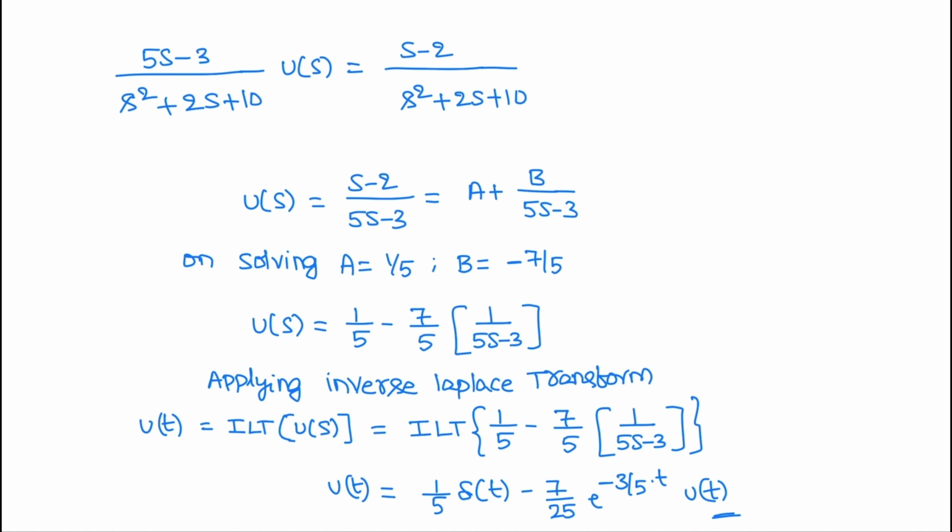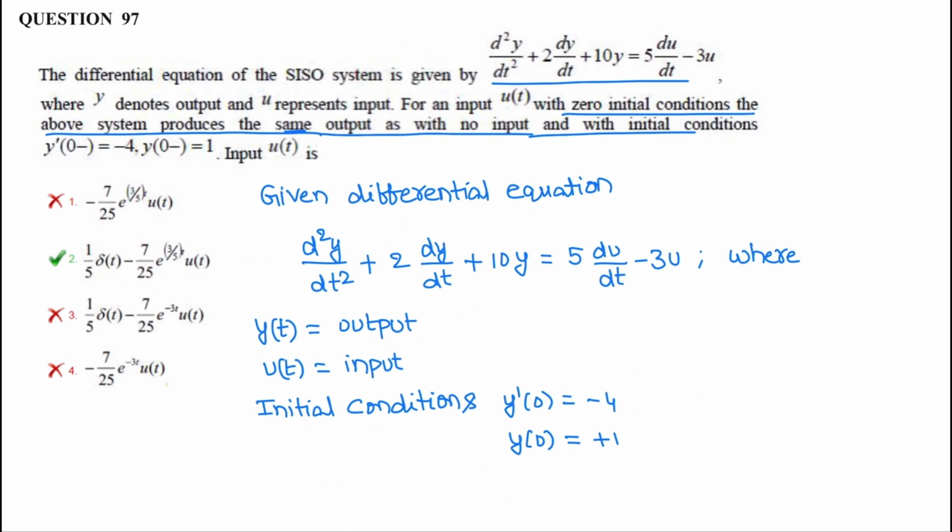This is the final answer, u of t. Therefore, correct answer is option 2, 1 by 5 delta of t minus 7 by 25 e power 3 by 5 into t u of t.